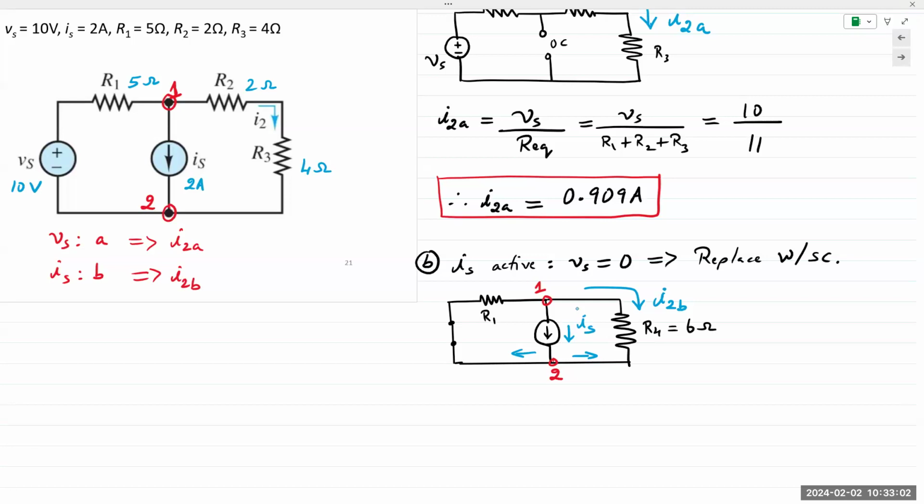Current is dividing. Come on. Current division. We can apply current division directly. Or we can find Req, apply Ohm's law, find the voltage across 1 and 2, and then apply Ohm's law to find the current again. Or we can skip a couple of steps and apply current division directly. I'll show you both.